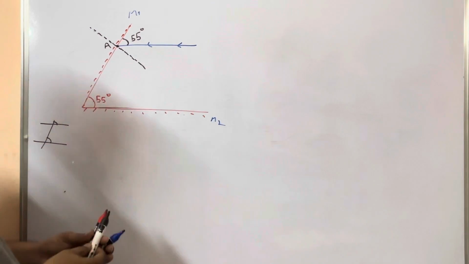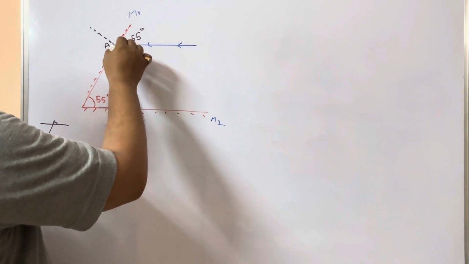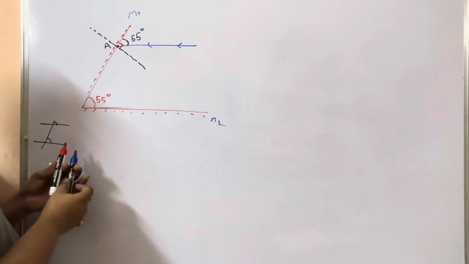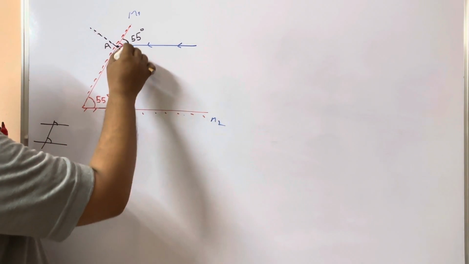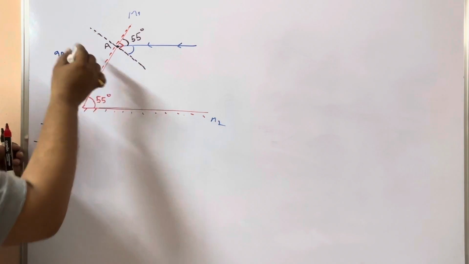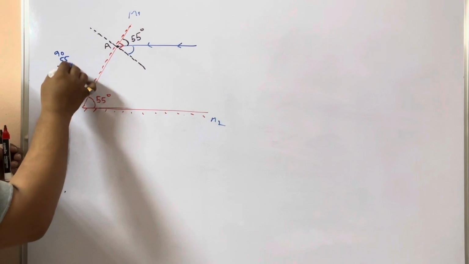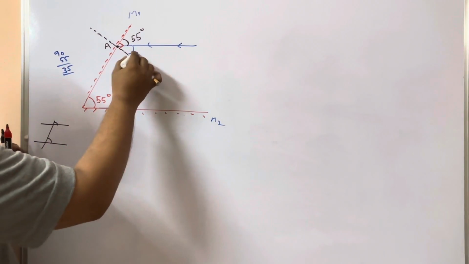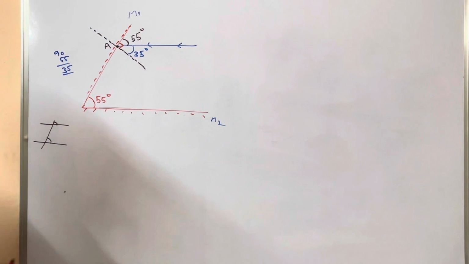Now, this is going to be the normal. Normal makes 90 degrees. Therefore, what is the remaining angle? The remaining angle is going to be 90 minus 55. So 90 minus 55, how much? 35. So the angle of incidence is 35 degrees, correct?